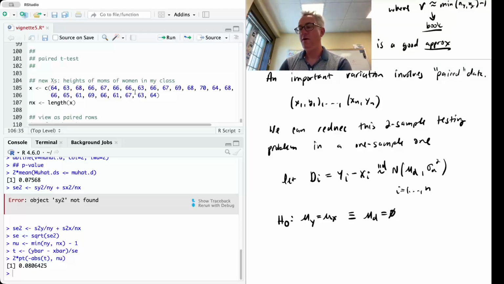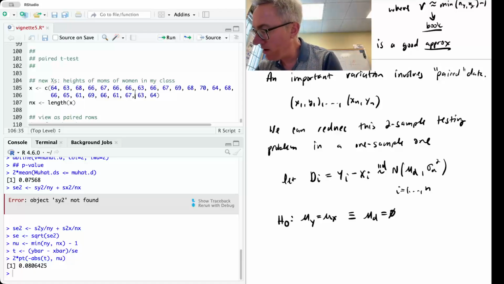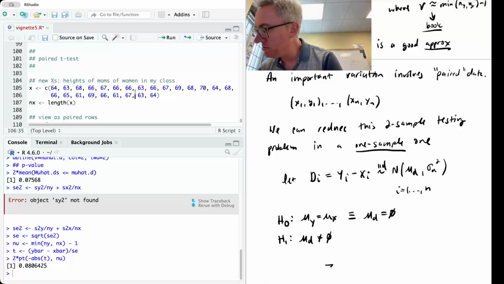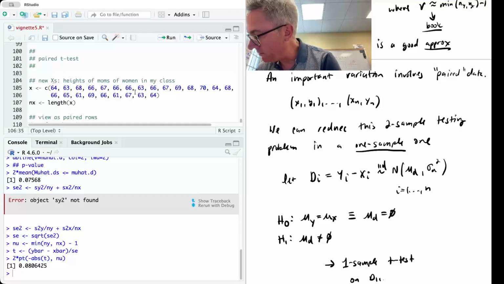If the means are equal to one another, then the mean of their difference is 0, versus the alternative hypothesis that their difference is not 0. We already know how to answer this question using a one-sample t-test. So we do a one-sample t-test on these differences.